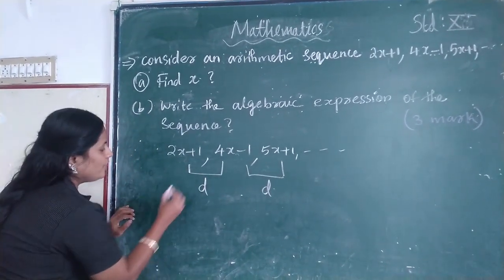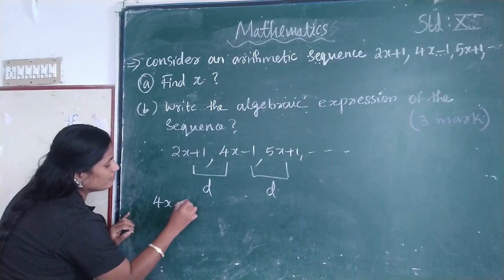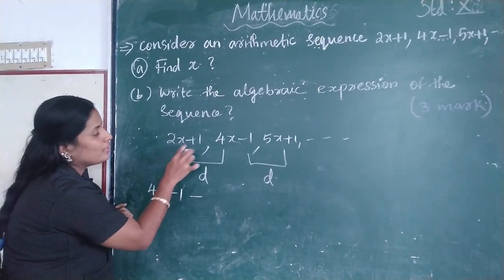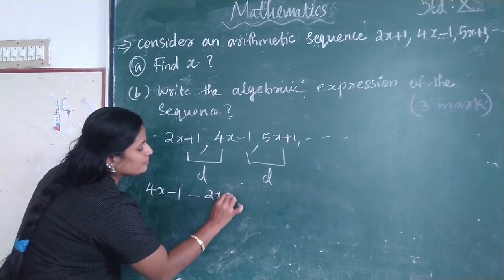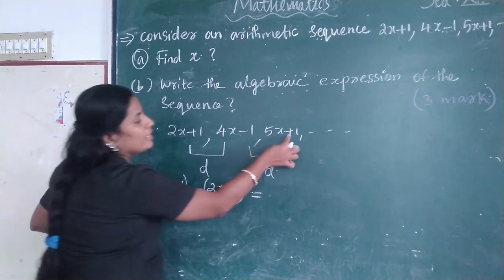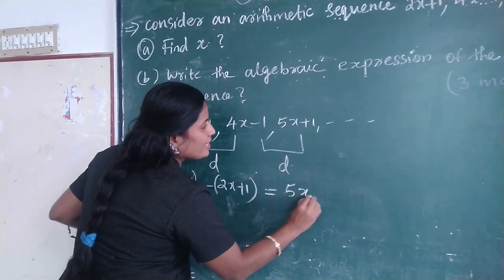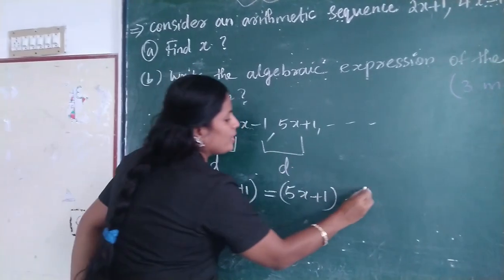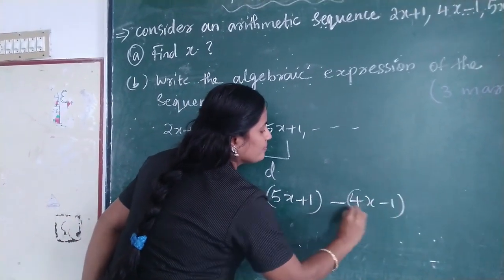Okay, so we can write the second term 4x minus 1 minus, what is the first term? 2x plus 1, equal to the third term 5x plus 1 minus the second term 4x minus 1.